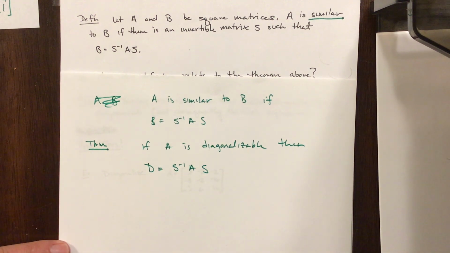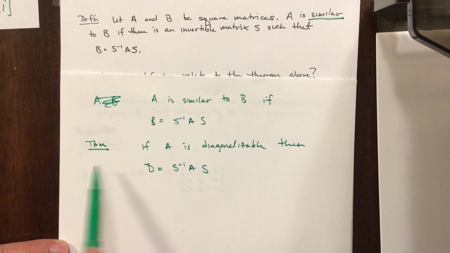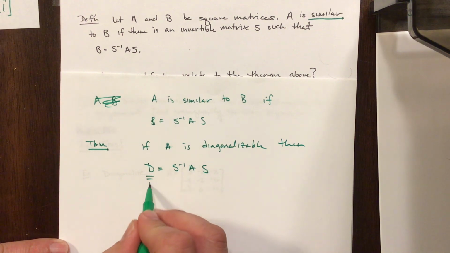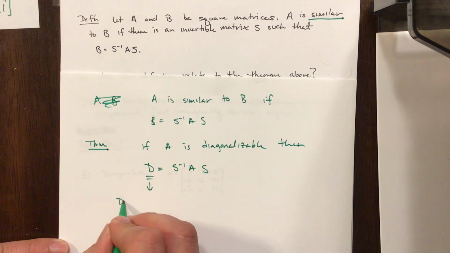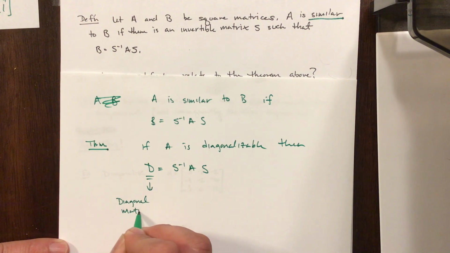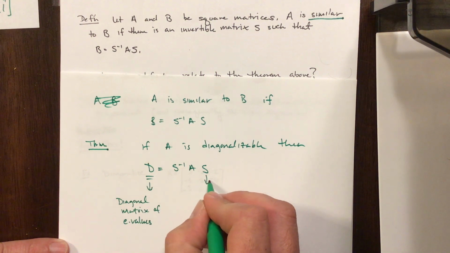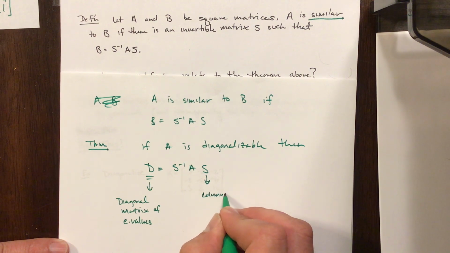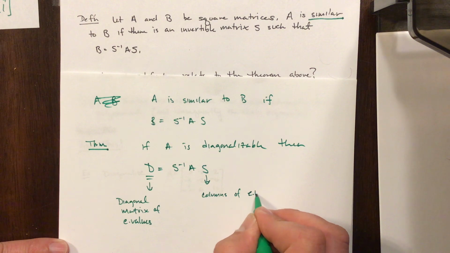The difference between this theorem and the definition is that D was very specific here. It was a diagonal matrix of eigenvalues, and S has columns of eigenvectors.